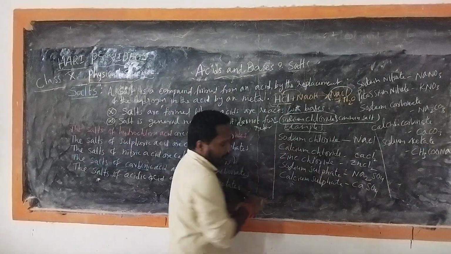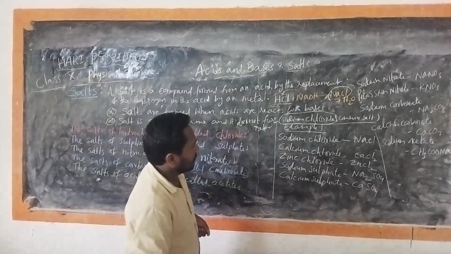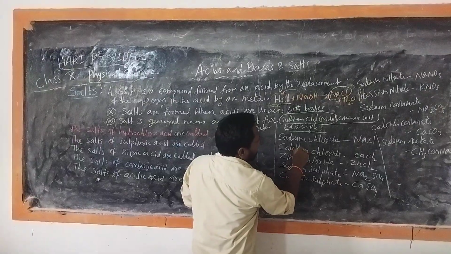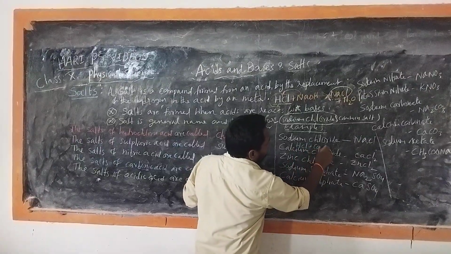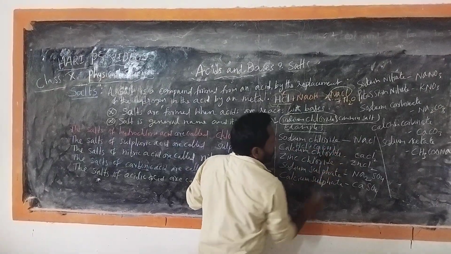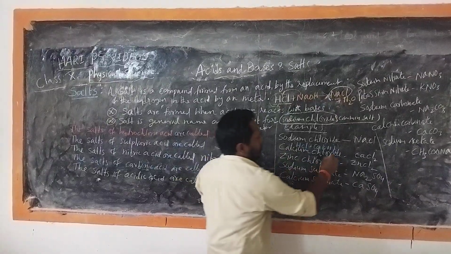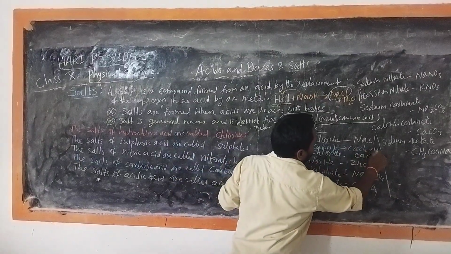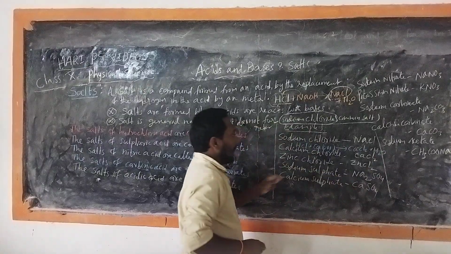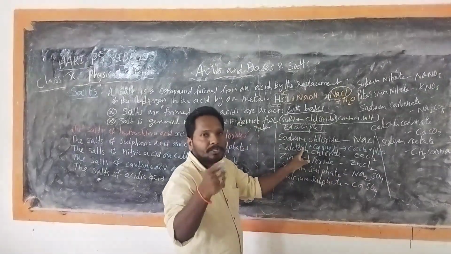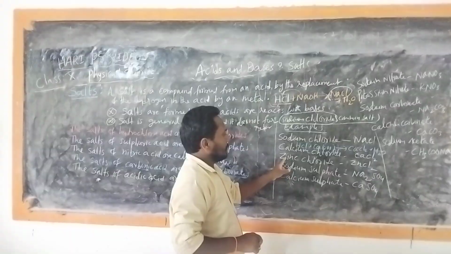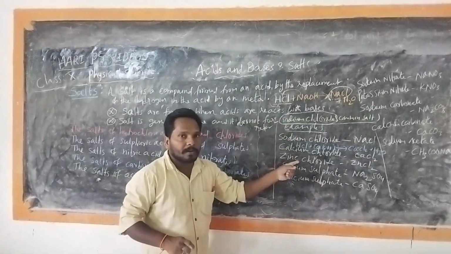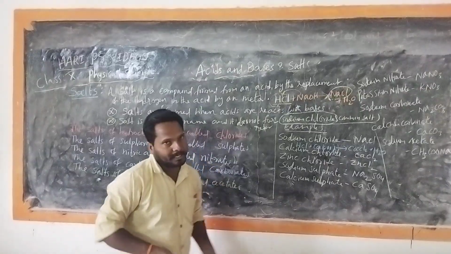Sodium chloride formation we already discussed. Then calcium chloride: HCl plus calcium hydroxide combine together to form calcium chloride and water, obtained from hydrochloric acid. Similarly, zinc chloride is obtained from hydrochloric acid.